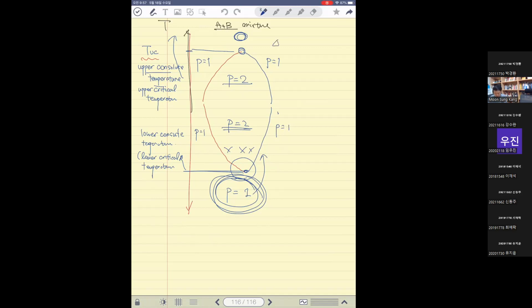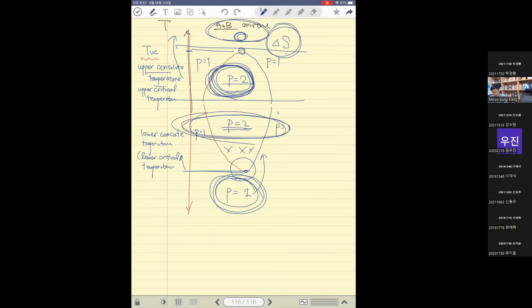Here we had entropic origin that made immiscible or partially miscible liquid become fully miscible at higher temperature. A partially miscible liquid here at lower temperature is now going to be fully miscible, and that has more of an enthalpic origin. A good example here is something like water and triethylamine.